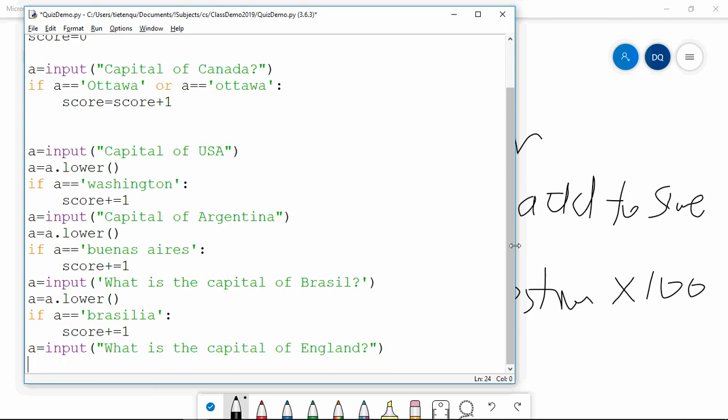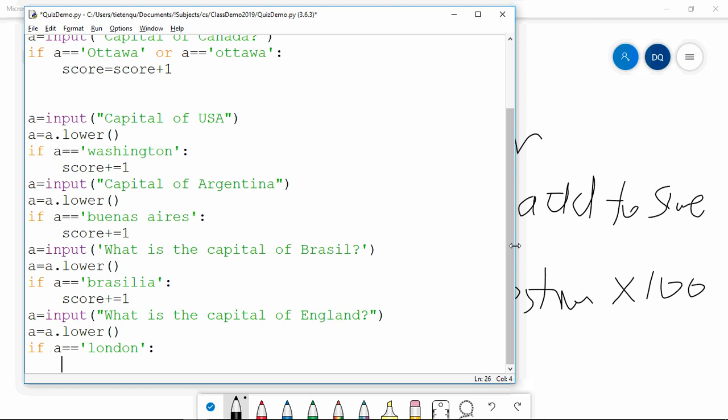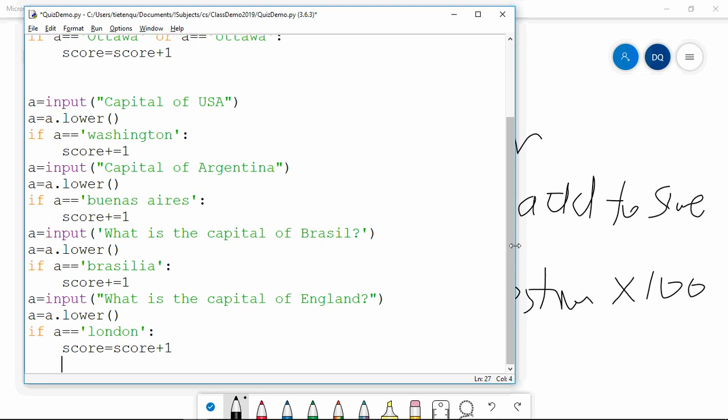And A equals A dot lower. If their answer is london, score equals score plus 1. So again, there's no reason to do that. I could write score plus equals 1 or score equals score plus 1.